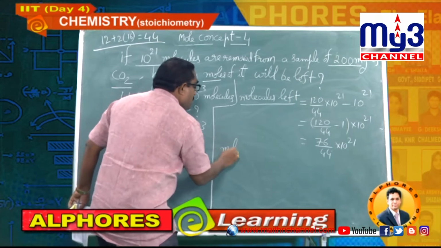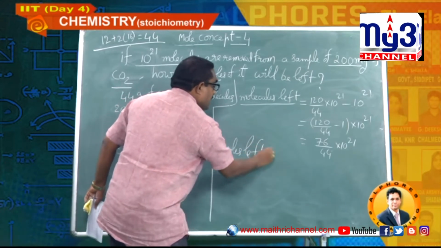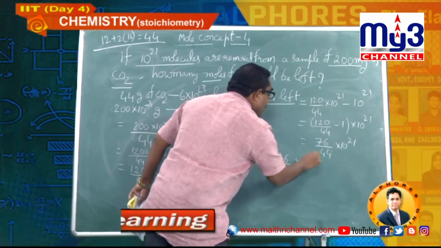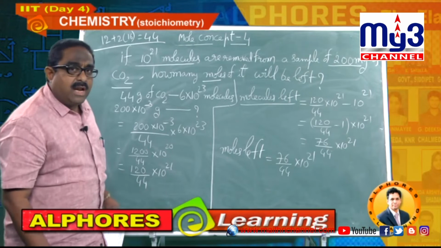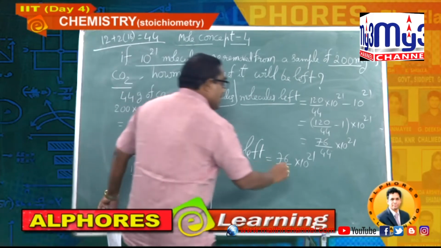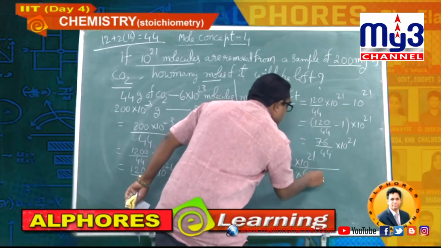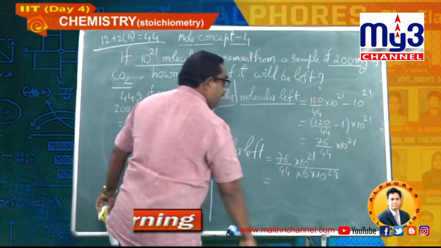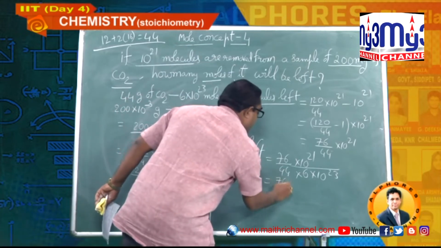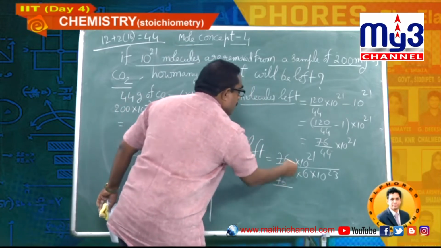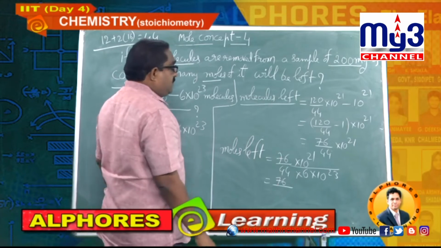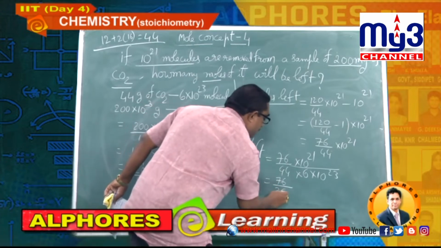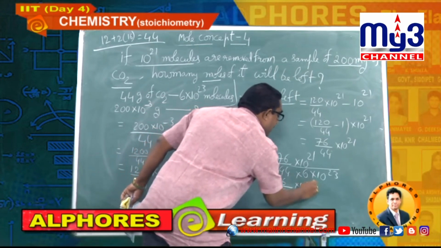So moles left is equal to, we know 1 mole is equal to 6 into 10 power 23 molecules. So it is better to divide this with 6 into 10 power 23. That is 76 by 264 into 10 power minus 2.